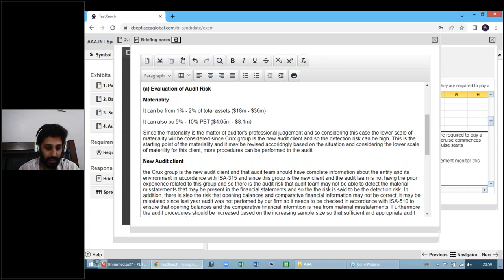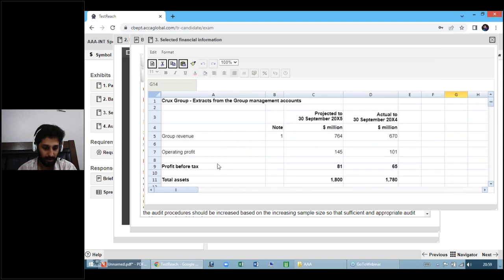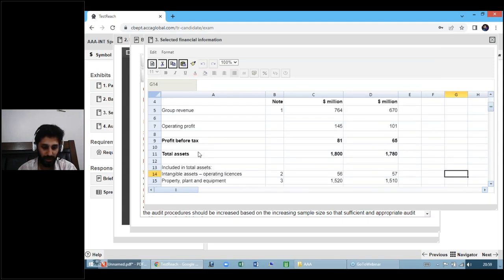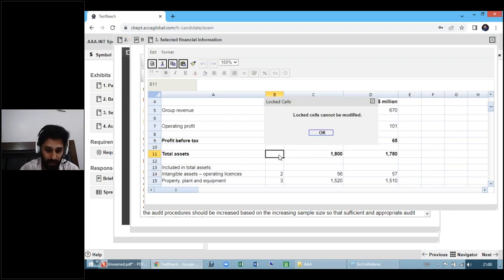If you calculate this 75 million, what does it become for profit before tax, or even the total assets? I'm just showing the calculation over here.